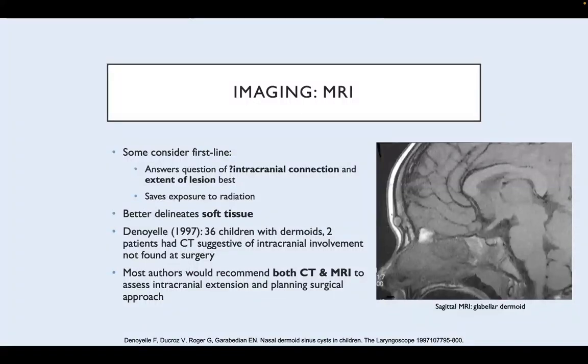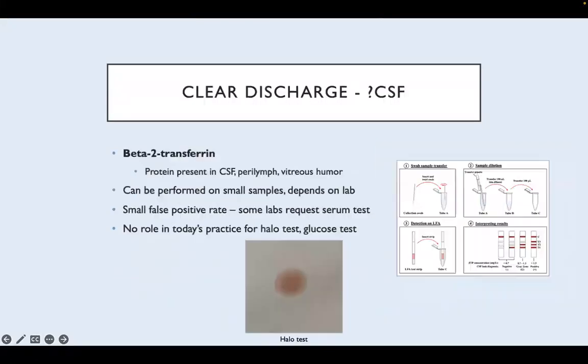So most authors nowadays would actually recommend both a CT and an MRI. And this is for the reason of assessing intracranial extension, and also allows you to plan your surgical approach better. And this image alongside is a sagittal MRI showing quite nicely a very well circumscribed glabellar dermoid, which I'll go into more detail on a bit later.